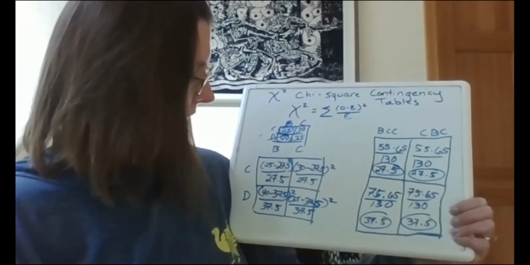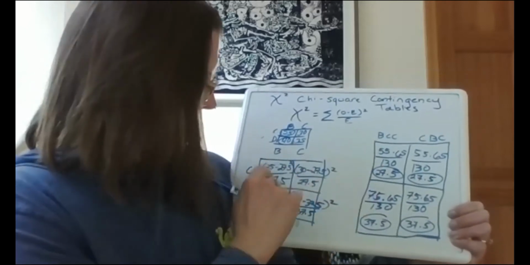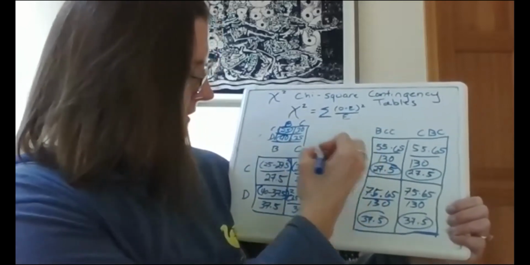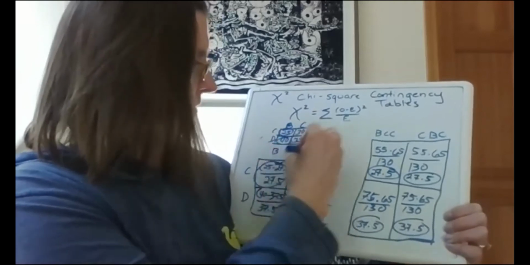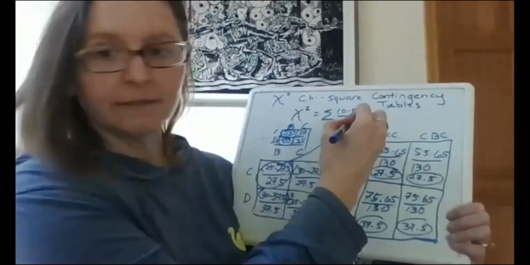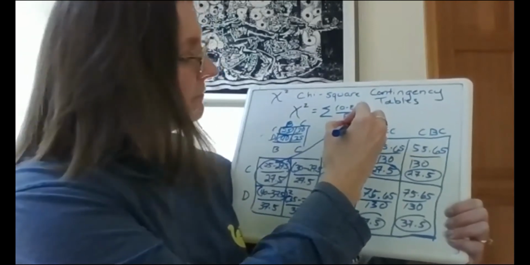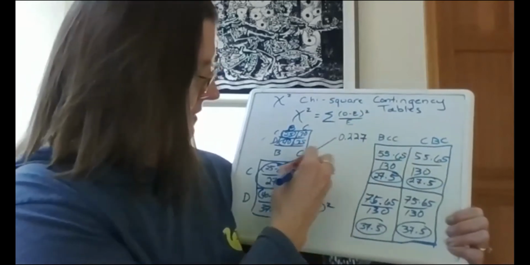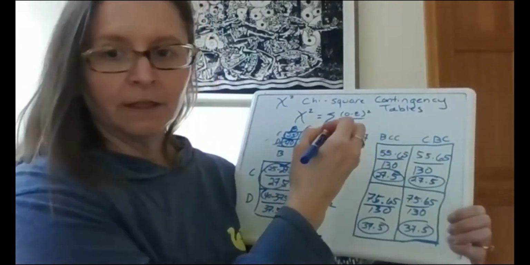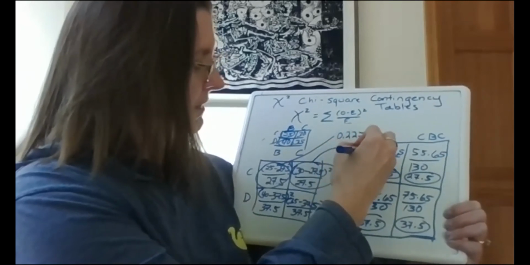And so when you make these final calculations, what you get is, from this cell, I'm going to draw a line up here, you get 0.227. From this cell, you should get the same value.